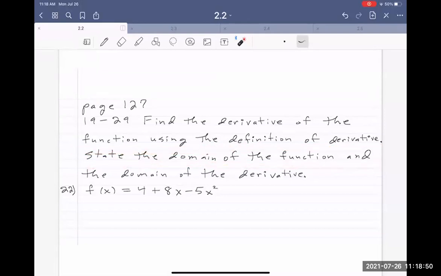State the domain of the function and the domain of the derivative. And so we have here problem number 22. F of x is equal to 4 plus 8x minus 5x squared. Okay, so let's find the derivative using the definition of derivative. I will use the definition of derivative that I have just given you.